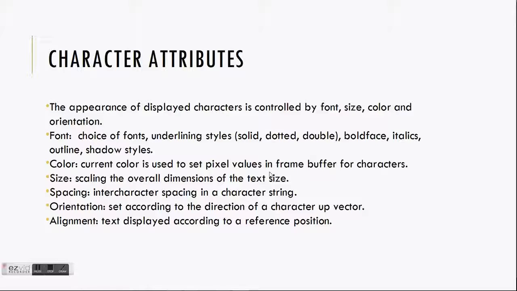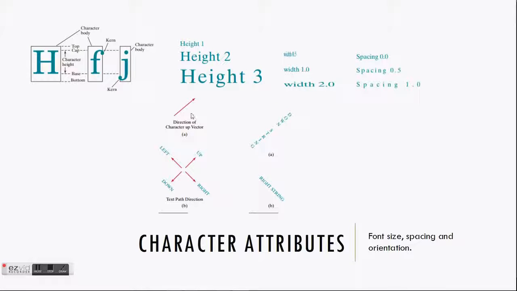Character attributes. A character is associated with various attributes depending on its appearance, which depends on the font, size, color, and orientation. Here we can see the character body, then the gap between top and the cap, the character height, and the gap between base and bottom.